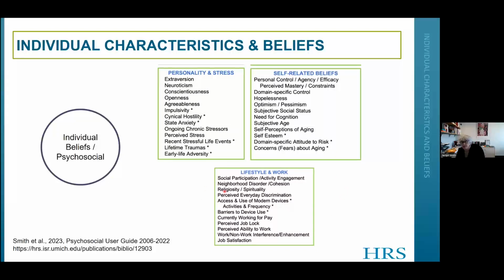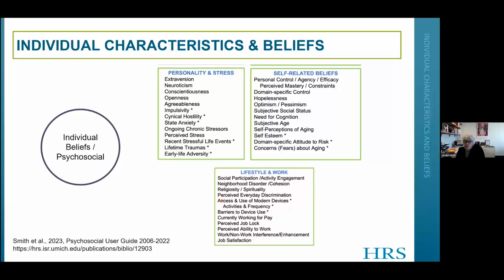Lots and lots of things about lifestyle and work, perceptions about where you live, spirituality, religiosity, everyday discrimination. This is a standard measure that's used by many people, and the attributions for that discrimination, whether it be by race and ethnicity, gender, age, for example, is a big one. Physical appearance.